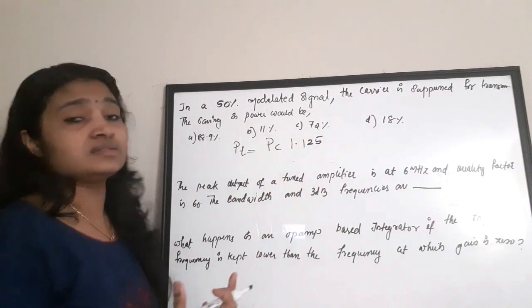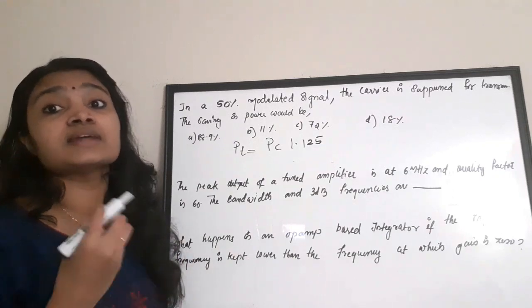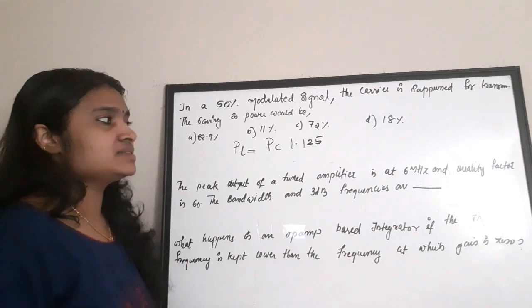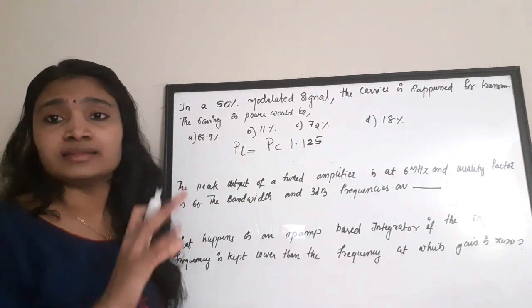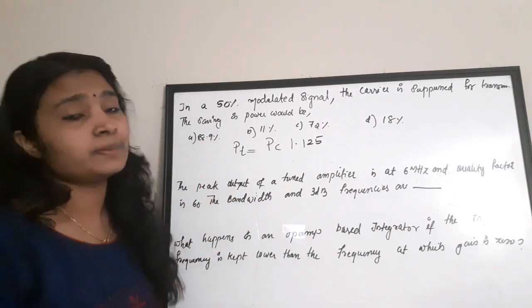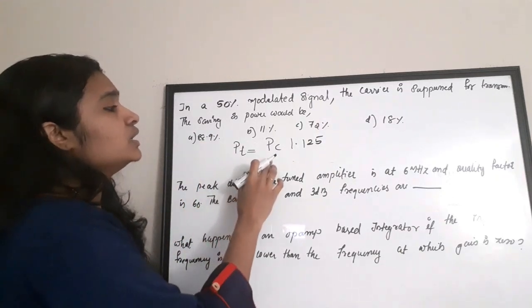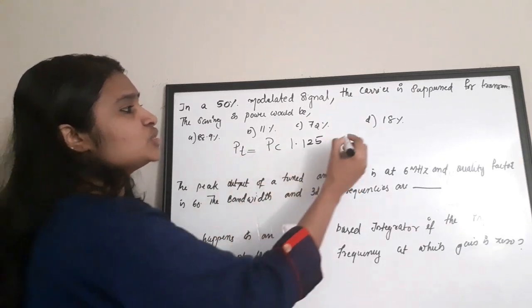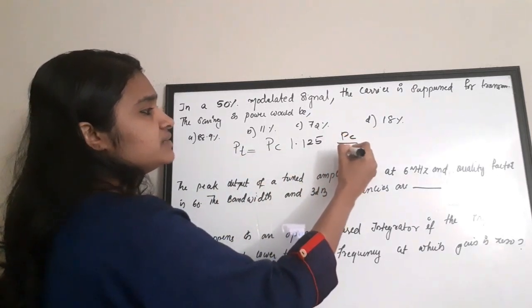Now, in the question, it is given that the carrier is suppressed. So what will happen if the carrier is suppressed? That means the carrier won't be present inside the transmitted signal. There will be only the two side bands, lower side band and upper side band. So how to do such a problem is, take the ratio of PC by PT.